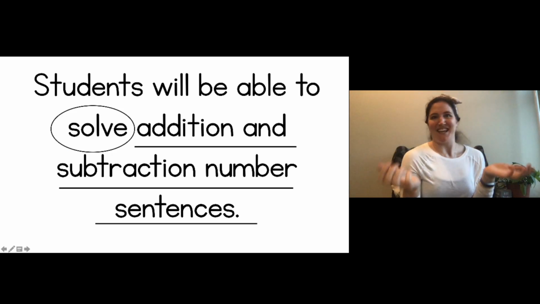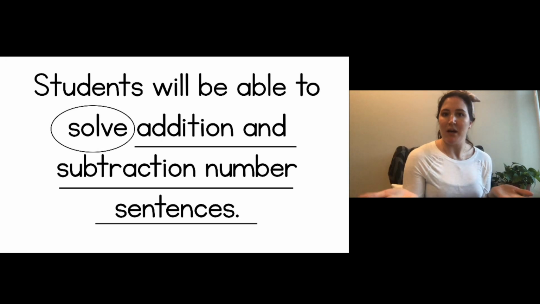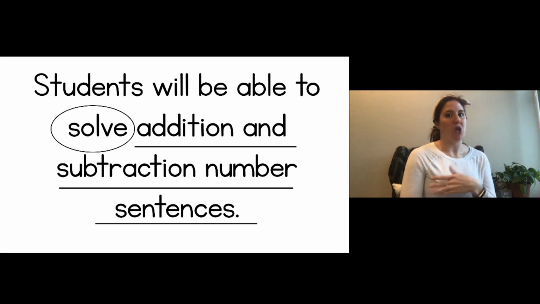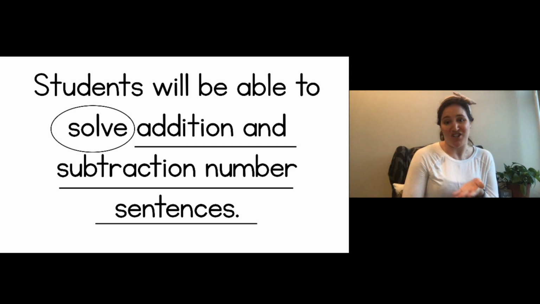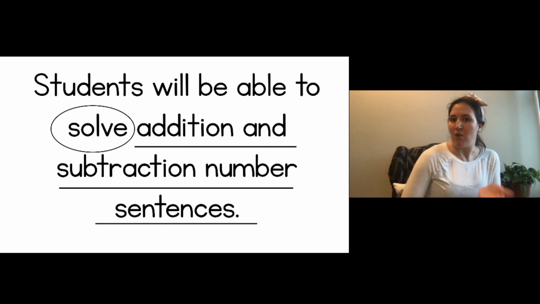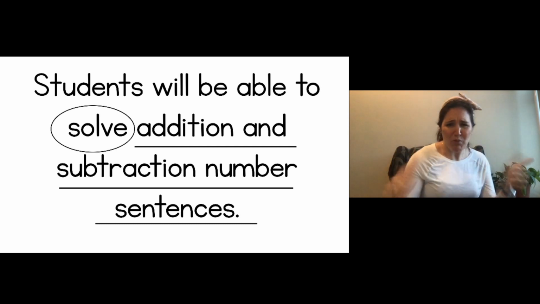So let's think, kindergartners. Did we meet our objective today? For math, our objective was that we would be able to solve addition and subtraction number sentences. Did we do that? Yeah, we solved subtraction, minus, and addition, plus number sentences by drawing pictures. You guys did a great job today in math.